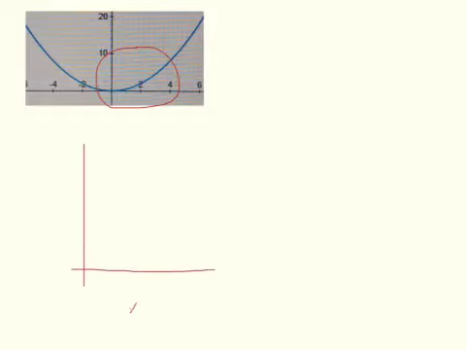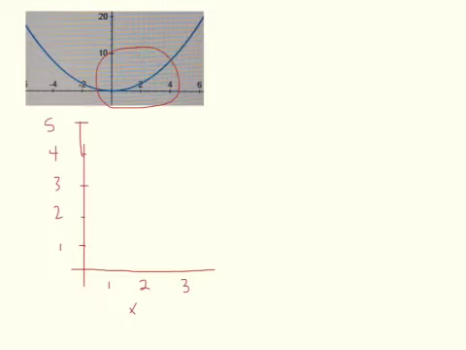So if I look at that, I've got 1, 2, 3, and if I look at my y-axis, I'm going to go 1, 2, 3, 4, 5.